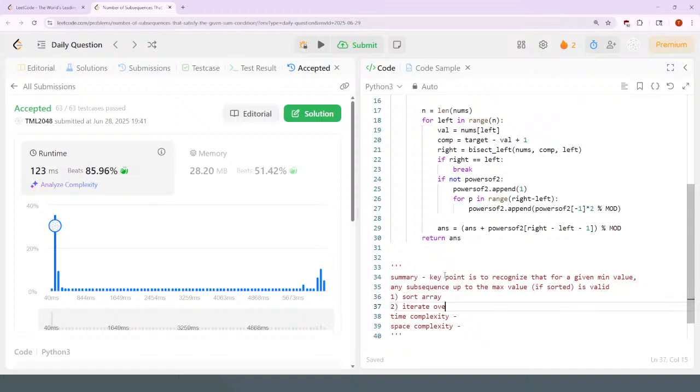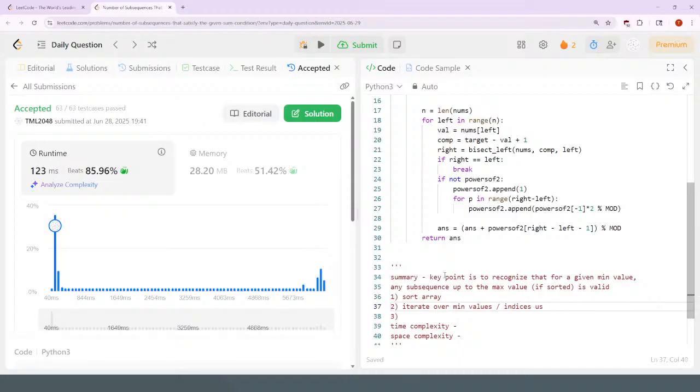iterate over min values, particularly the min indices, really. The indices that you want to treat as your min. Indices to use as min.